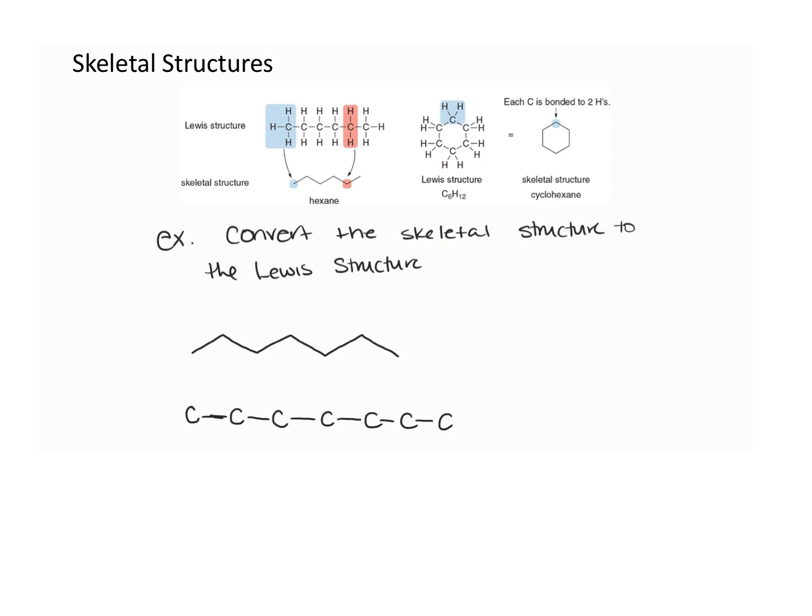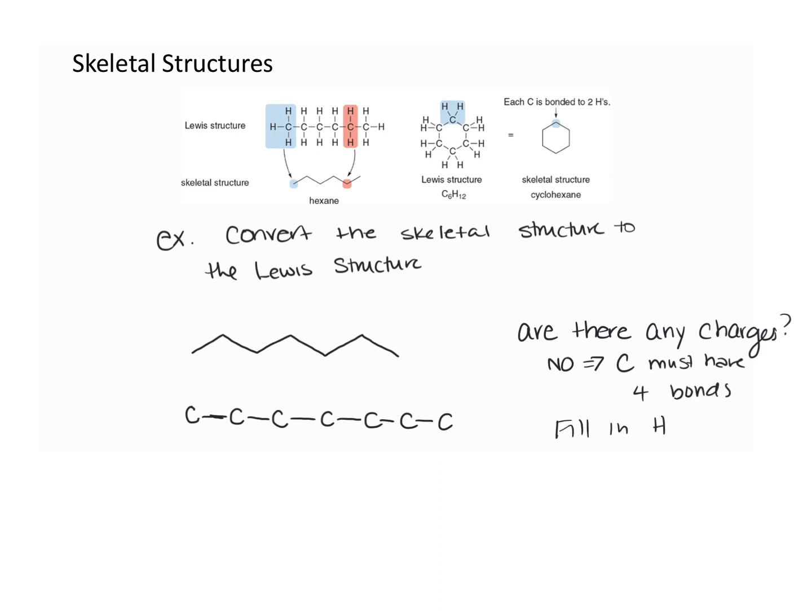Like that. And so now I look at this and I ask myself, are there any charges? And if the answer is no, then carbon must have 4 bonds. And you just fill in the hydrogens where you have those deficiencies.